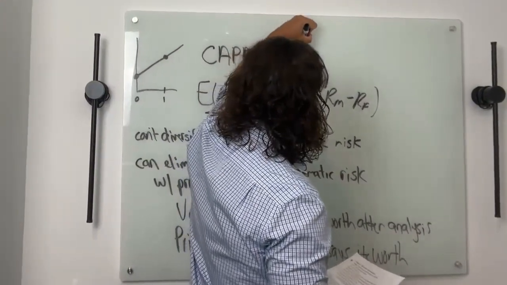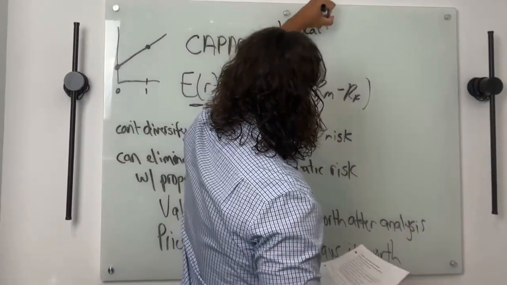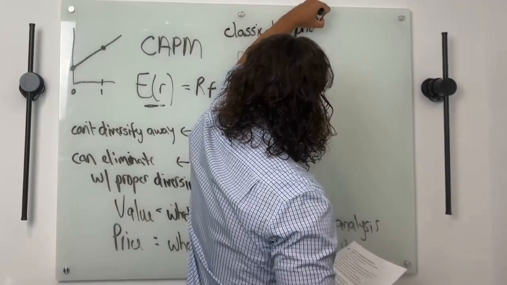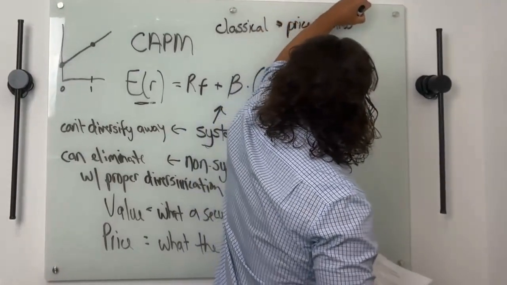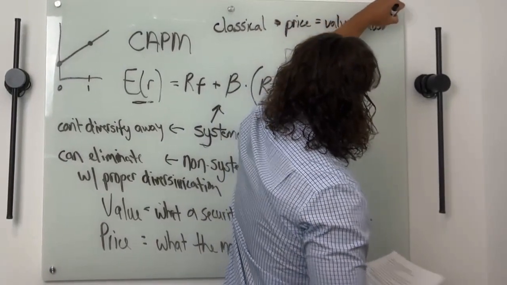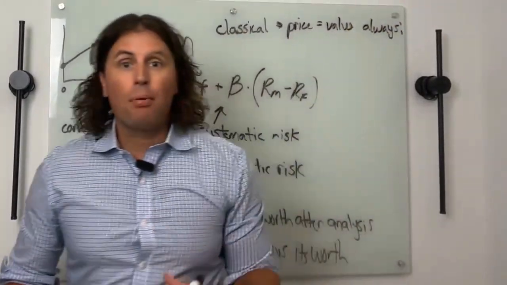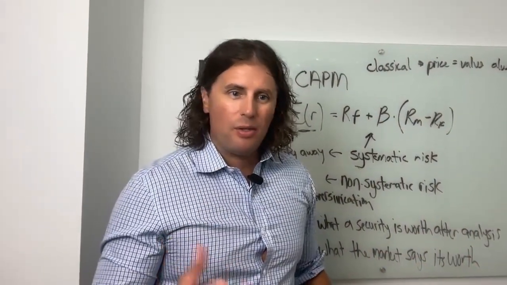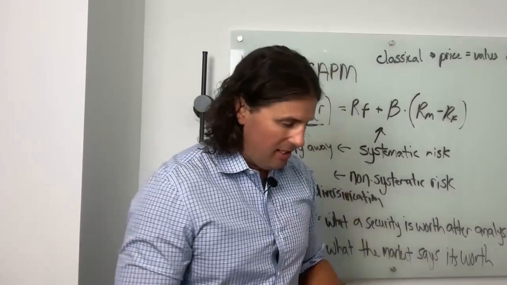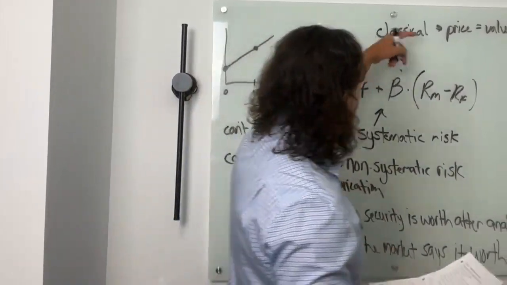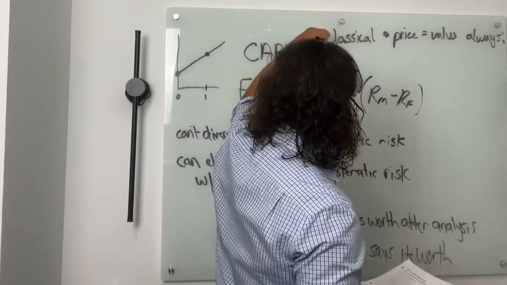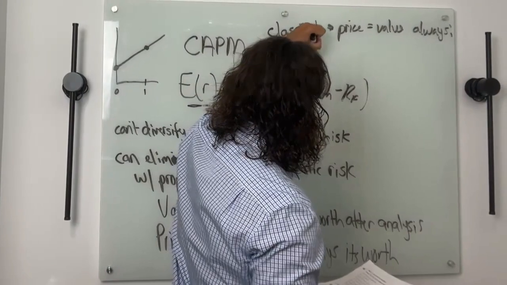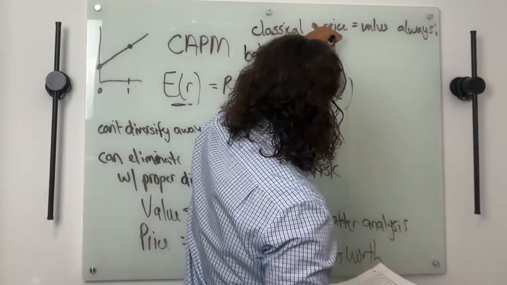Classical finance says price equals value, always. Behavioral finance: what we end up finding is, yes, price equals value most of the time.